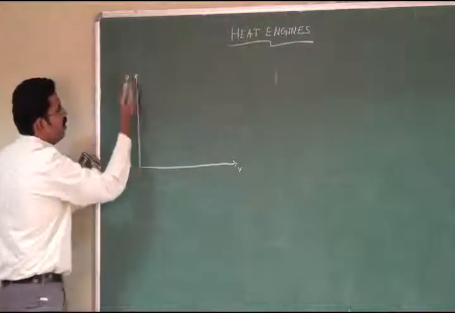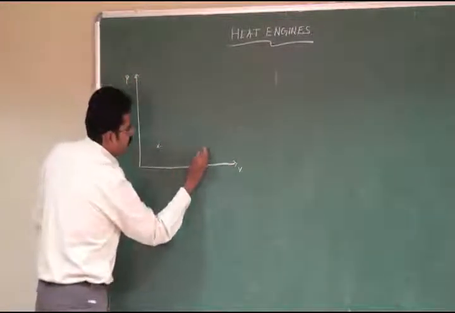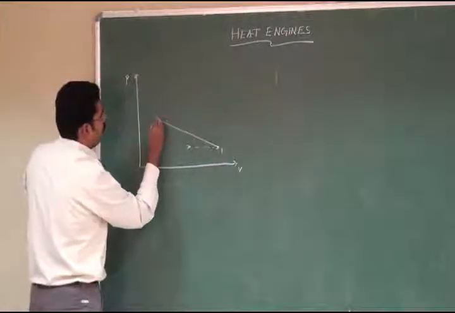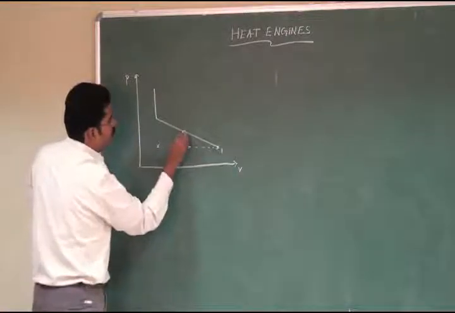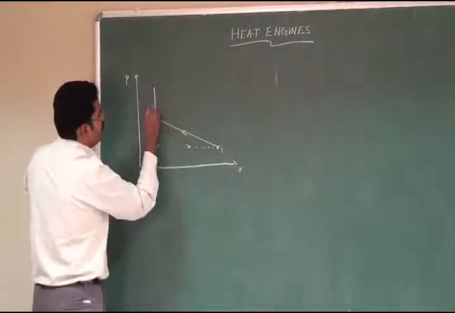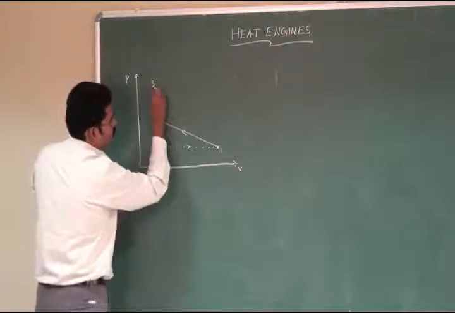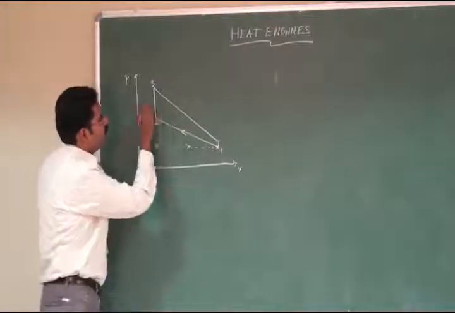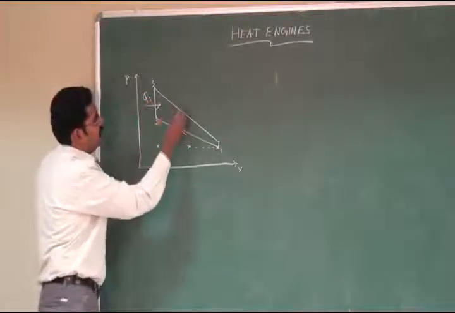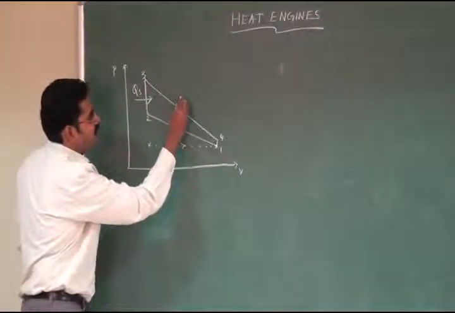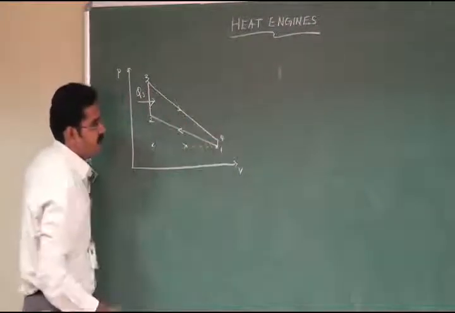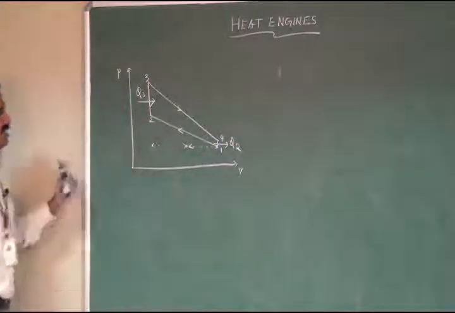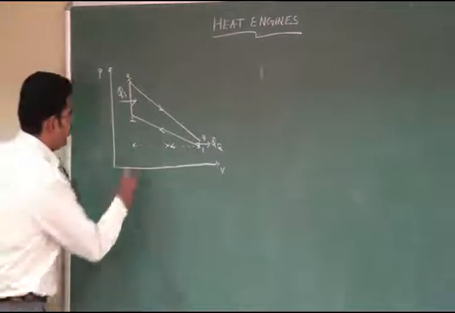This is P, this is volume. 0 to 1 is the first stroke, suction stroke. 1 to 2 is the compression stroke. 2 to 3 is heat addition. 3 to 4 is the expansion stroke. 4 to 1 is the heat rejection process, and 1 to 0 is again the exhaust stroke. I will write one by one.